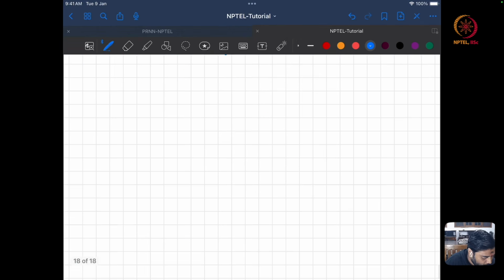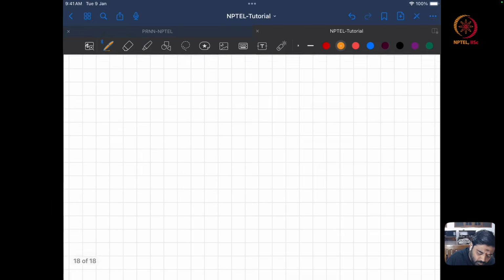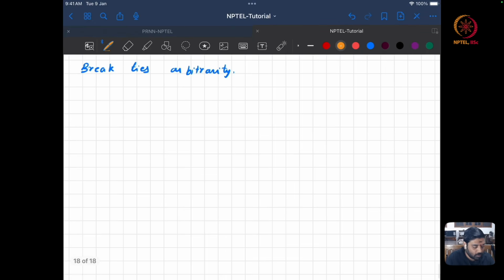Okay, so now just to link it to our earlier case, let's consider the one that has been looked at in our class. Let's consider m equal to 2.